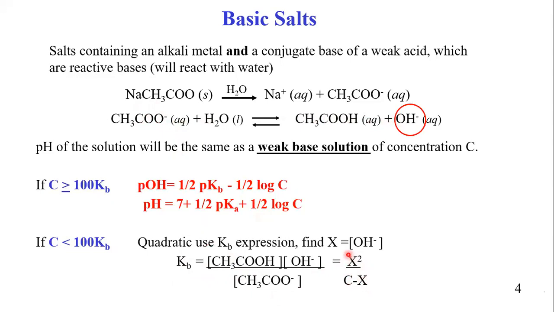And what is this x? Don't forget, this x is the OH- concentration. It's simply a basic solution. It's as if I never had a salt. The idea of a salt is just extra.